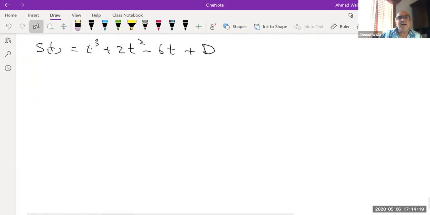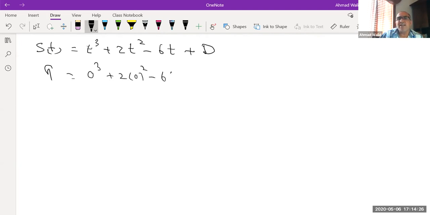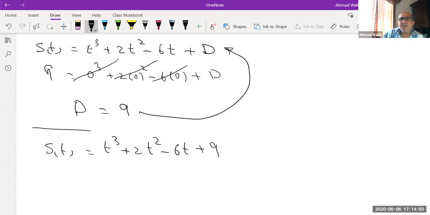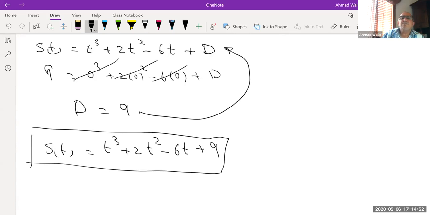It means here, 9 equals 0 cubed plus 2 times 0 squared minus 6 times 0 plus d. This part 0, this part 0, this part 0. It means your d is equal to 9. Plug this value back in, then s of t equals t cubed plus 2t squared minus 6t plus 9, the position function.